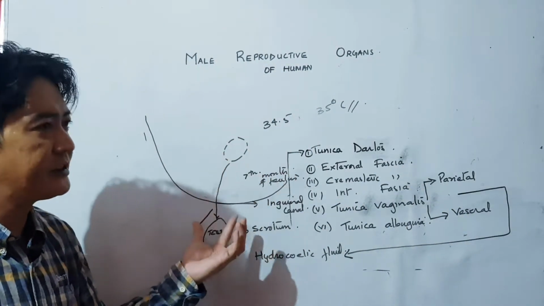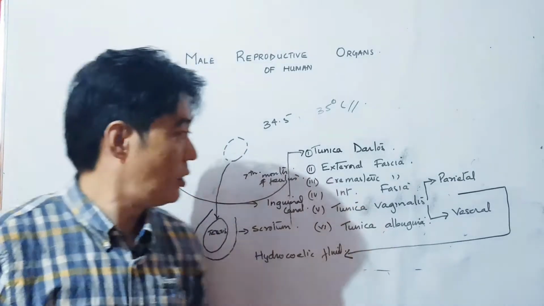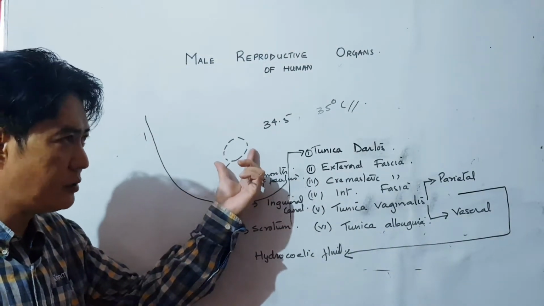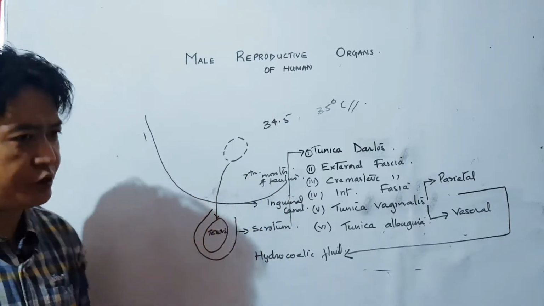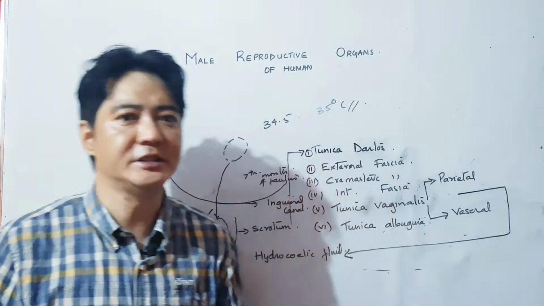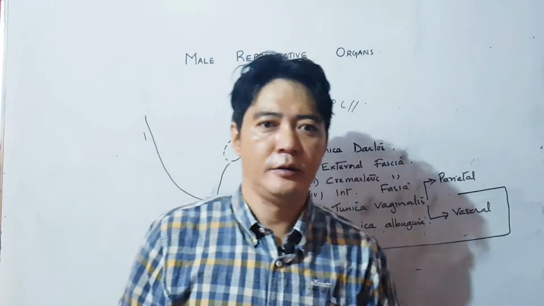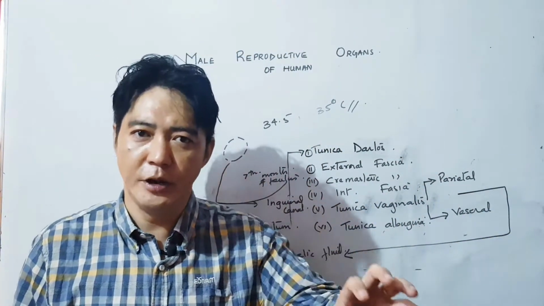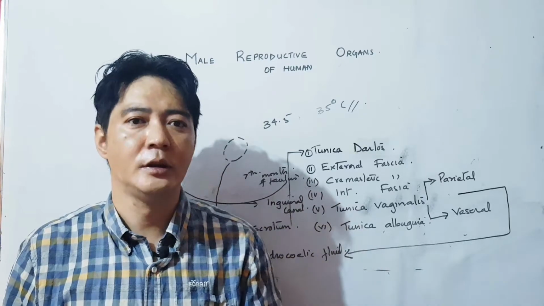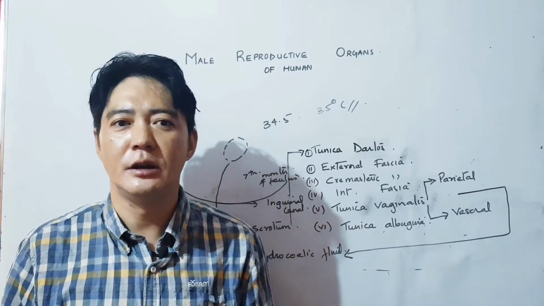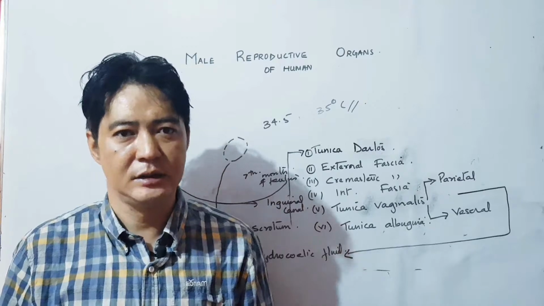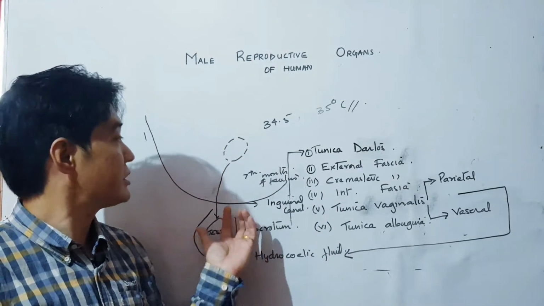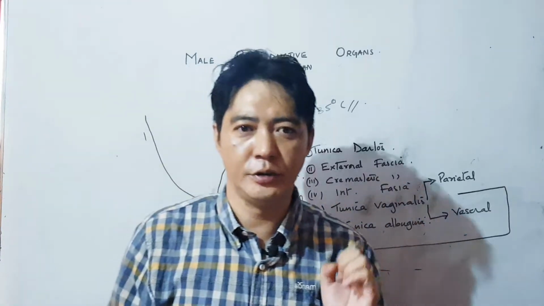The descending of the testis from the abdominal region towards the scrotum, in some fetus, fails. Instead of coming to the scrotum, this testis will remain in the abdominal region.